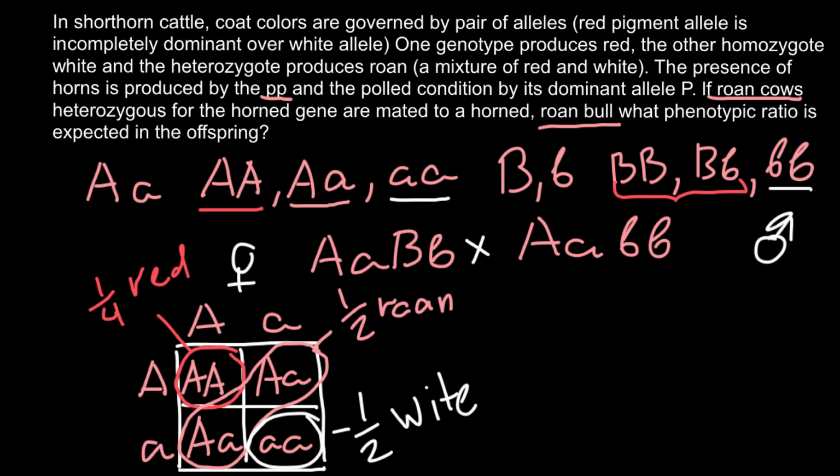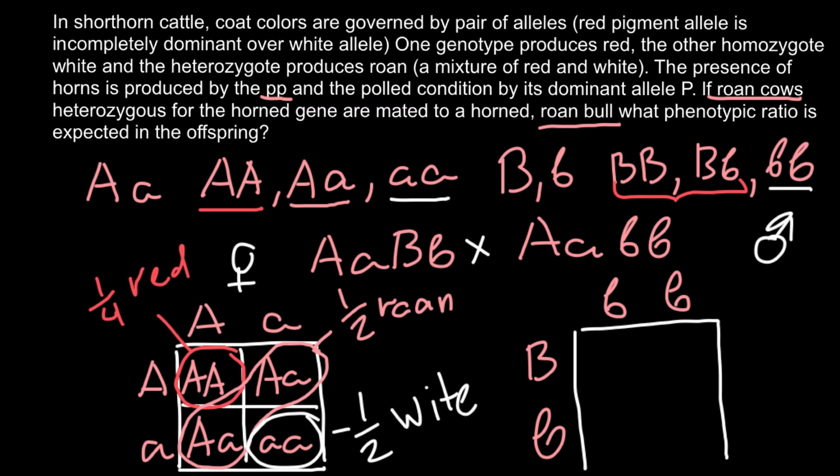Now let's take a look at what would happen if the female parent is heterozygous for the second trait, horns. So this cow would be hornless, and we cross her with a bull that has horns. The female genotype goes here on the side, capital B small b, and the male's genotype goes on top, small b small b. So once again we build a Punnett square, and this is what we can expect for this trait in their progeny.